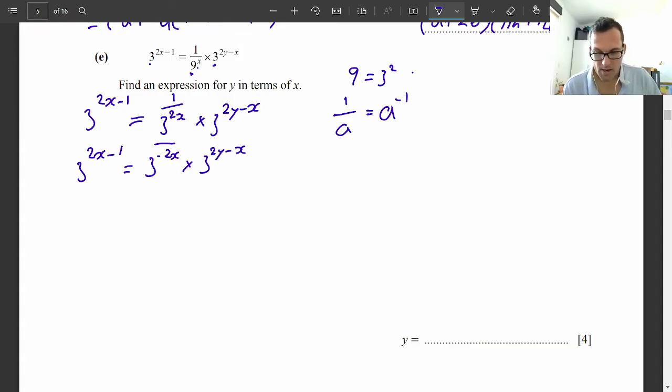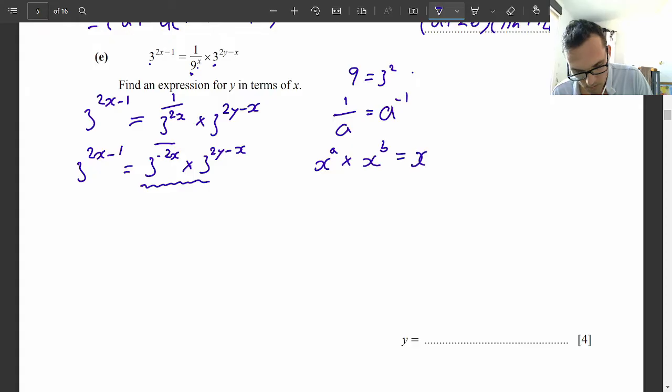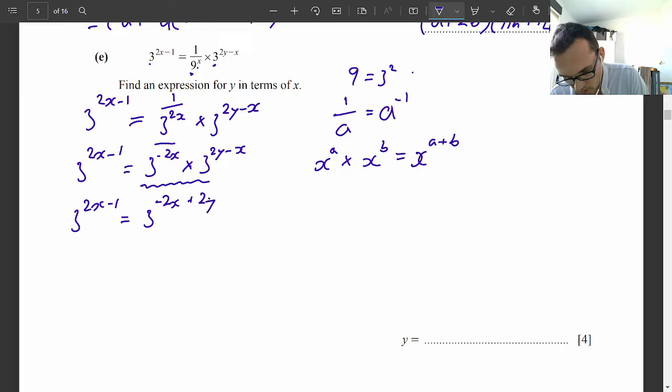Next we can squeeze these two terms together. When we have two numbers with the same base number and we multiply them together, we add the indices together. So that will be 2x minus 1 equals 3 to the power of minus 2x plus 2y minus x.